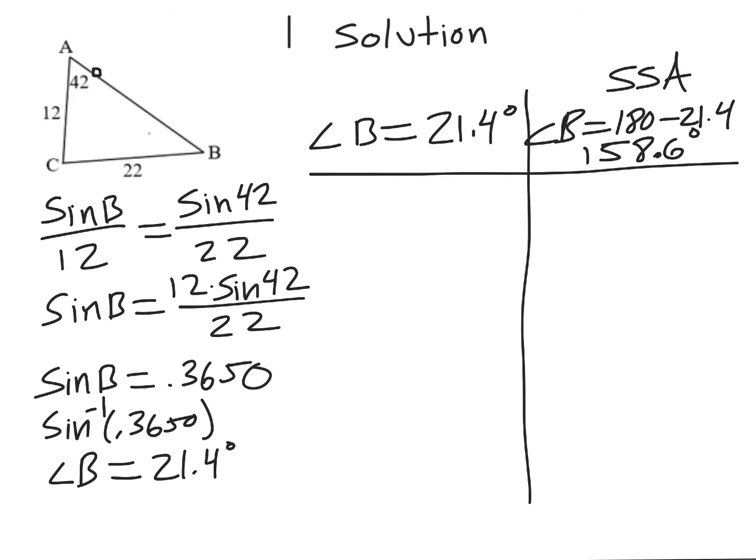Case number one, I'm going to say, all right, B is 21.4, okay? I need to get C. Okay, a missing angle would be 116.6.